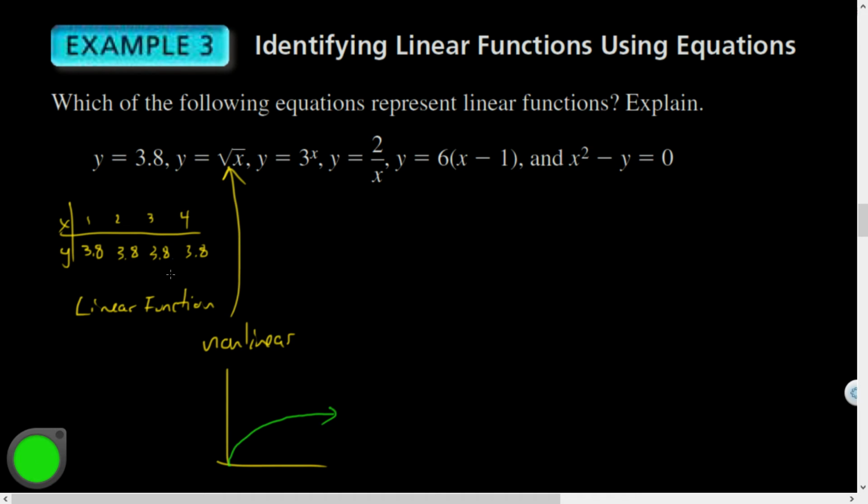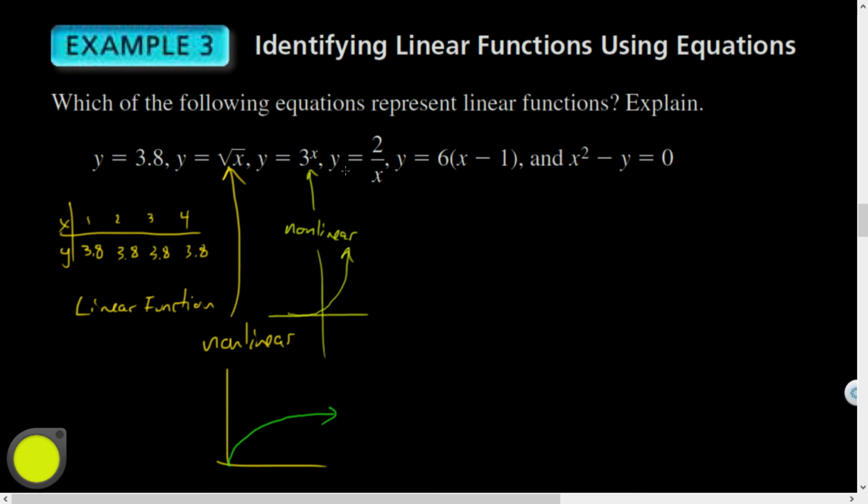Check out this next one. 3 to the x is also nonlinear. That's x as an exponent, so my variable is in the exponent. 3 to the first is 3, 3 to the second is 9, 3 to the third is 27. That graph would hyper escalate.